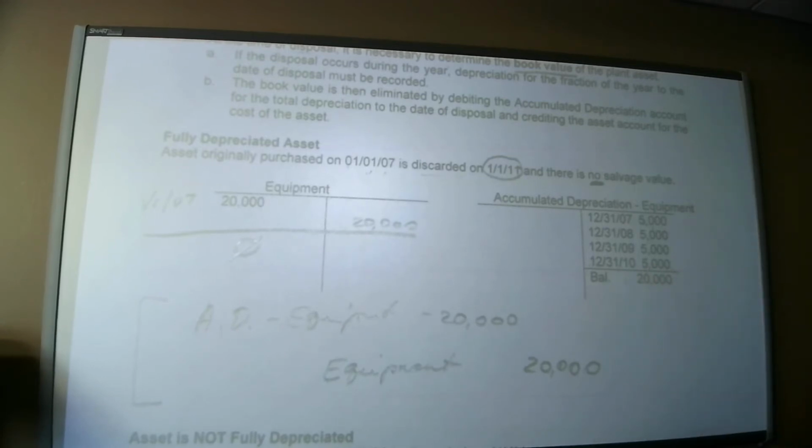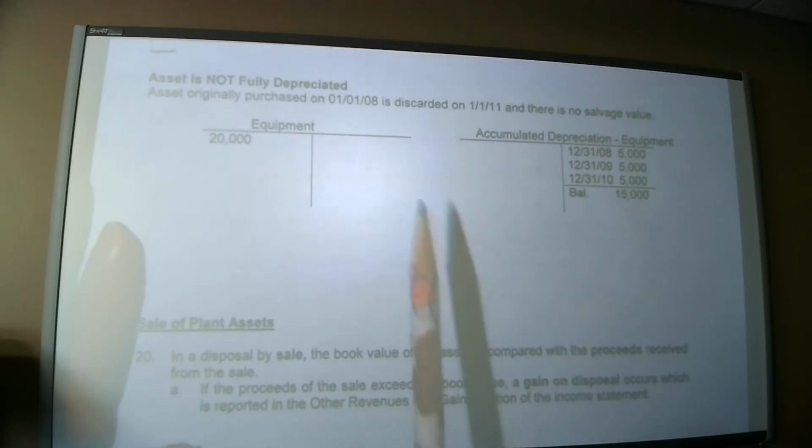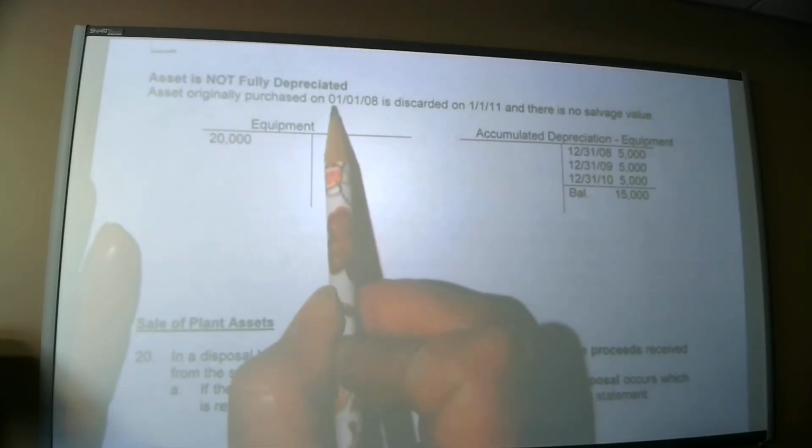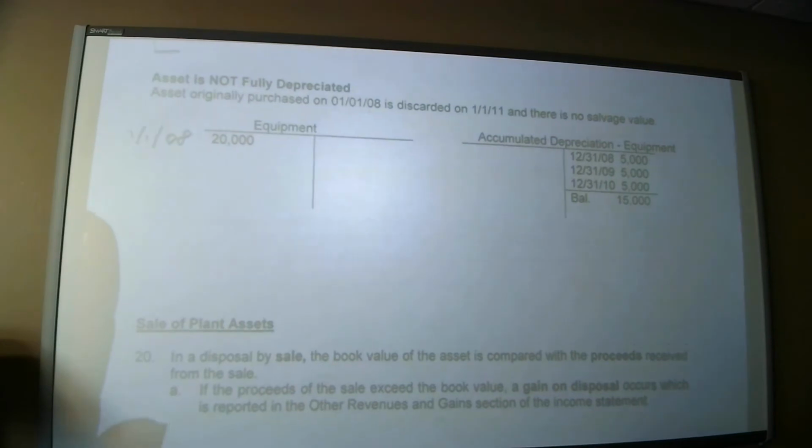What's gonna happen if asset is not fully depreciated? That's my next example. Not fully depreciated. So what happens here? Instead of buying it at January 1st, 07, we bought it in 08. And it's still a 4-year useful life. See, I only had 3 years to get in.